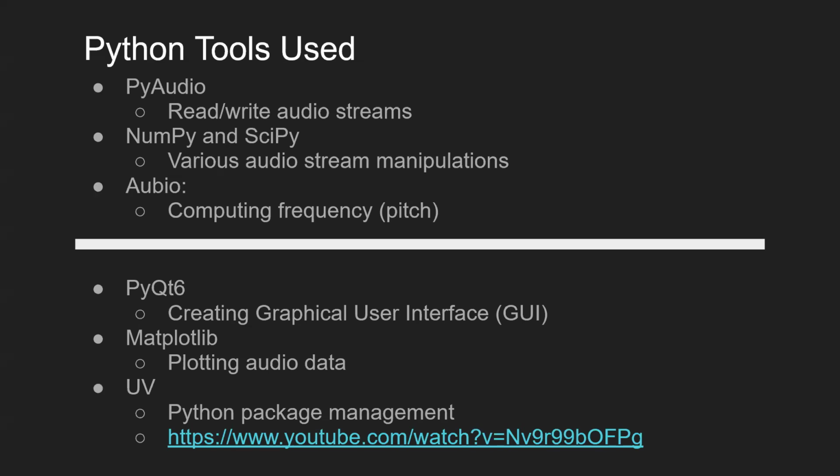Also, when you see the GUI, I'm using PyQt6 to create the graphical user interface. I have a few plots of sound waves in there, and I use matplotlib to create all of those. And I used uv for package management. Someone a few months ago here gave a great talk on how to use uv, and I put a link to the YouTube talk on there. I've started really getting into it. It's got some really fast resolution, so I enjoyed getting to try out that manager for this project.